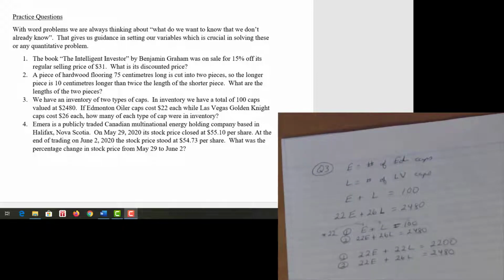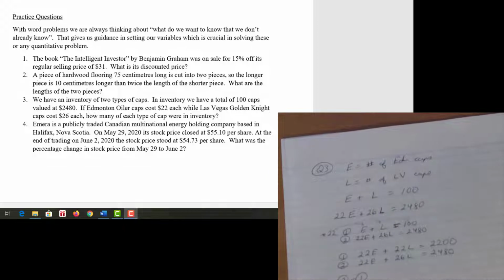It'll get you the same answer. I'm going to go equation 2 minus equation 1 for no more complicated reason than I want to end up with a positive number. It's just too much negativity in the world. Let's keep it positive, stay with the positive numbers, that kind of thing.